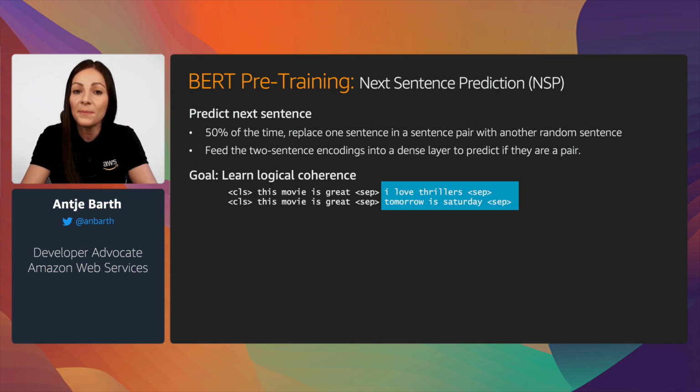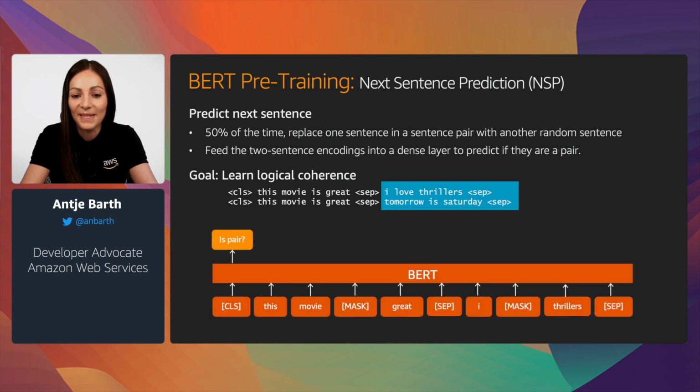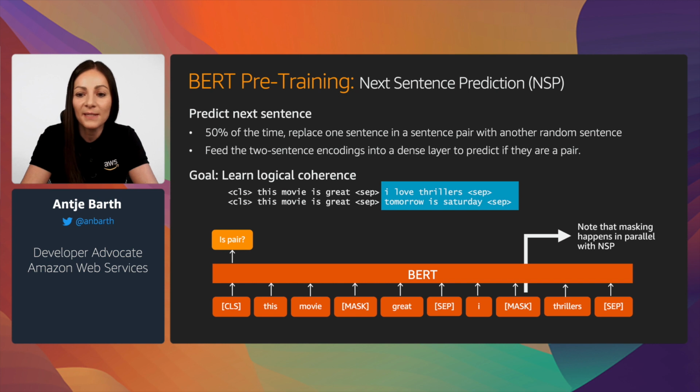And in 50% of the time, I replace it with something like, this movie is great, tomorrow is Saturday. So we're passing those sentence pairs to BERT, and BERT predicts whether it's a pair or it's not a pair. And note that both steps, the masking of tokens and NSP, are actually happening in parallel.